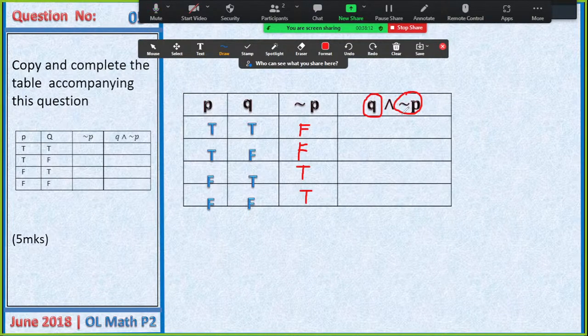So when this one is true and this one is true, then the AND statement will also be true. Are we together there? Okay, sir, yes. Now, we are working with Q, this Q here, and this is the negation of P.